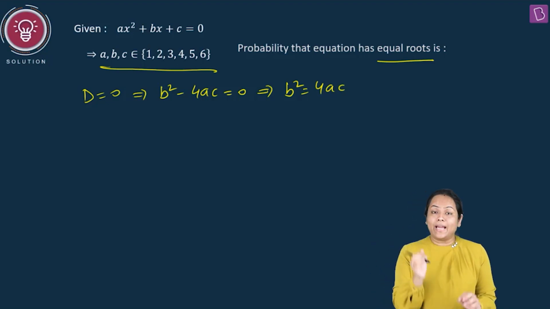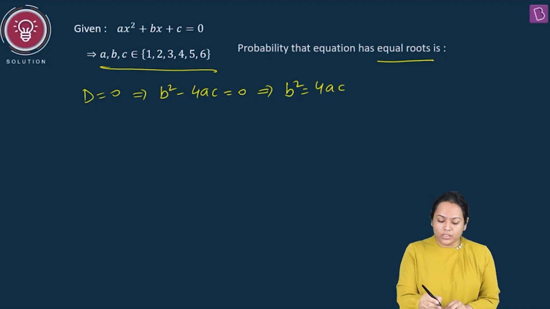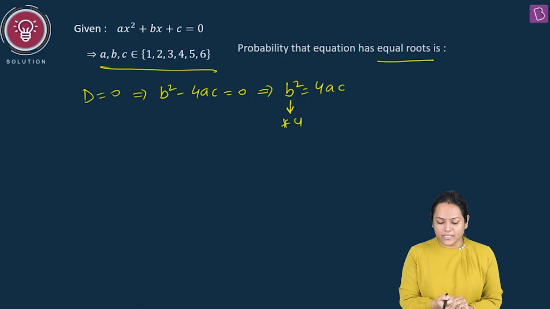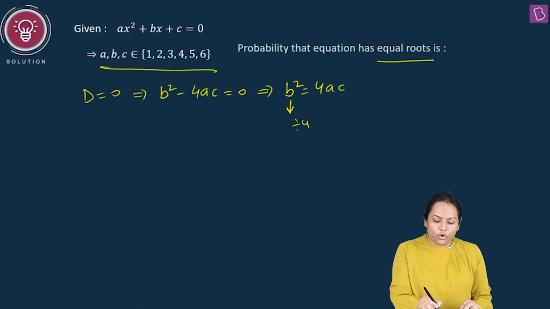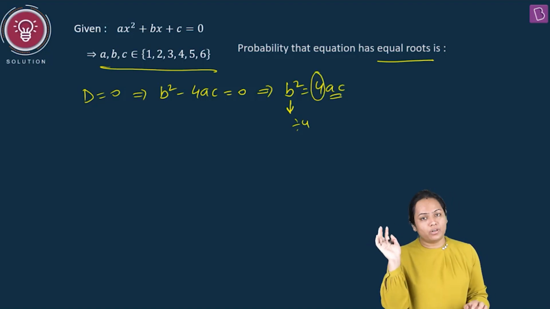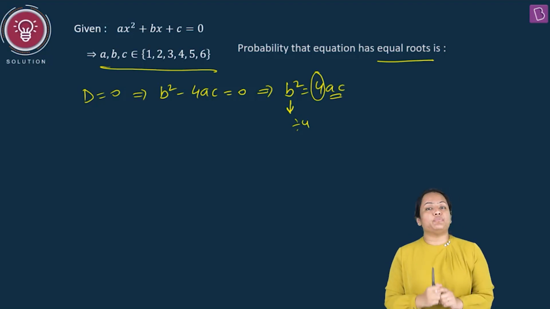Now we have to think about what values b, a and c can take. If I look at this equation, b square has to be a multiple of 4. Right? It has to be divisible by 4 because it's equal to 4 multiplied by ac. So what are the options for b?